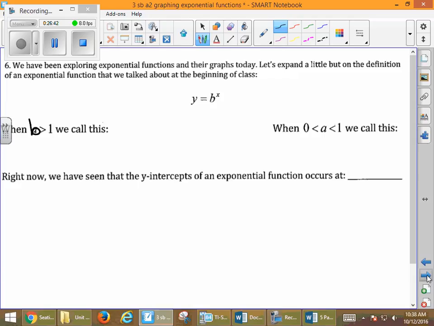When the base is greater than 1, we call this exponential growth. We've been working with increasing functions.